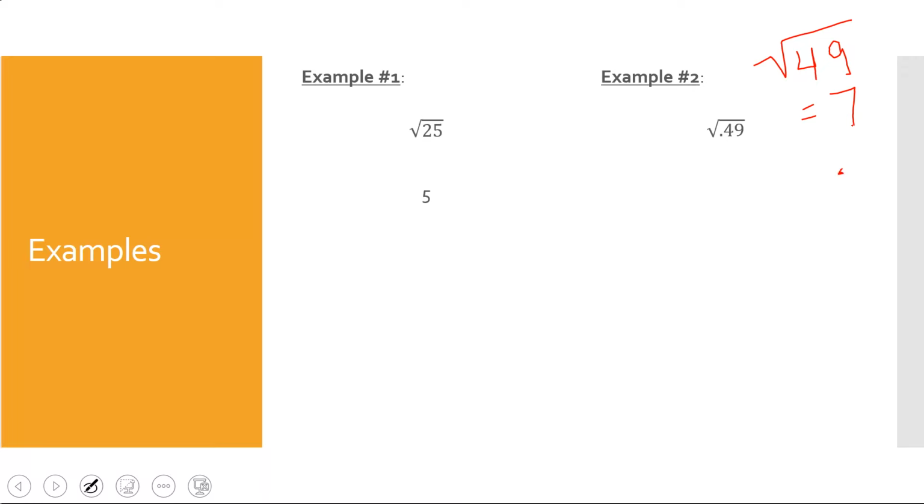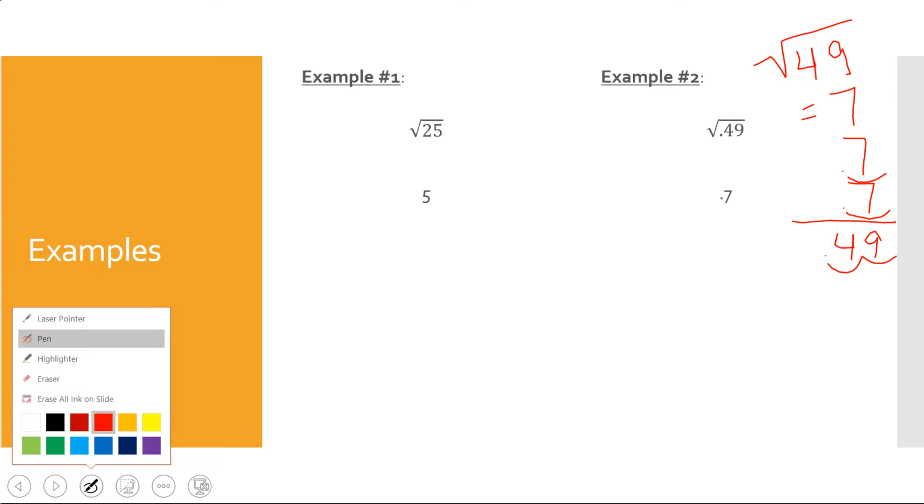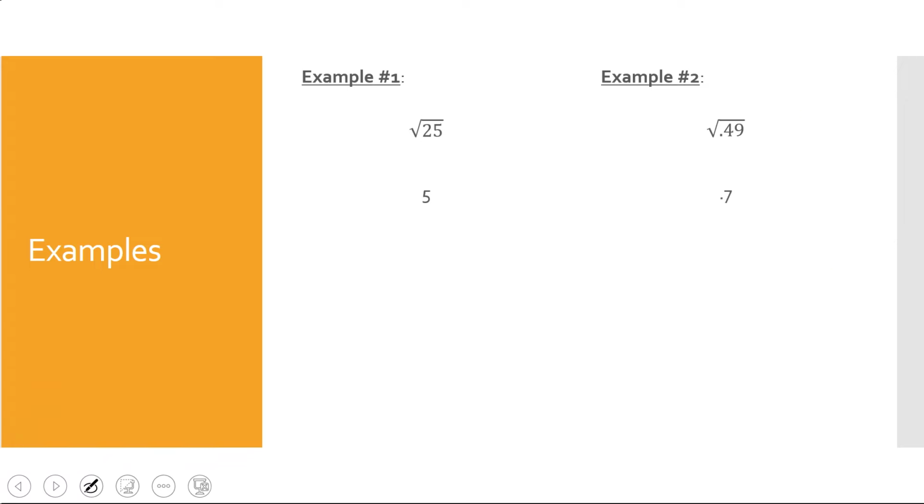So always start with just putting it as 0.7. And think about if you had 0.7 times 0.7, would your decimal be in the right place? So 0.7 times 0.7 is 49, and I have to move my decimal over 1 and 2 places, which makes this perfect. So that looks just like the square root of 0.49. So we know then that our answer is going to be 0.7.